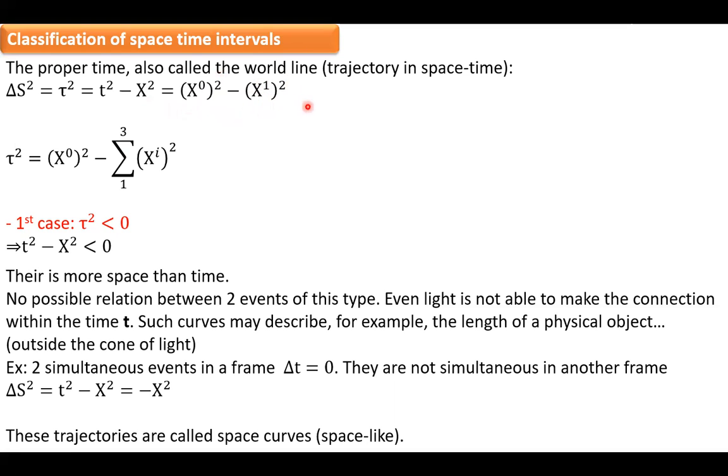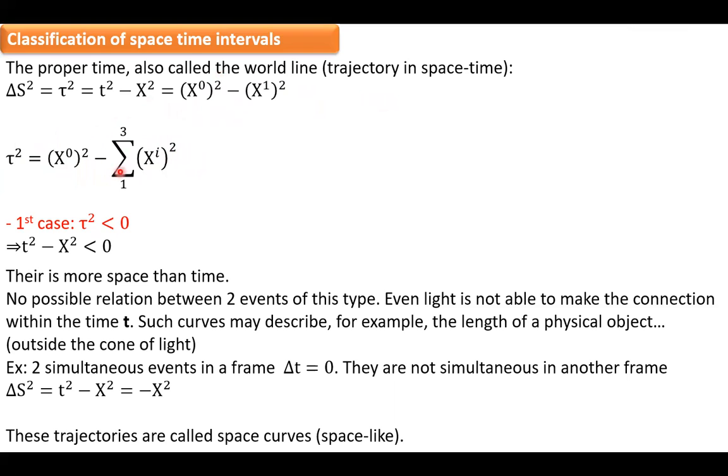Or if you use the entire space x, y, and z, you can write it as x0 squared minus the sum of xi squared. Remember that i goes from 1 to 3; i is used for the 3D space from 1 to 3. So it's minus x1 squared minus x2 squared minus x3 squared.